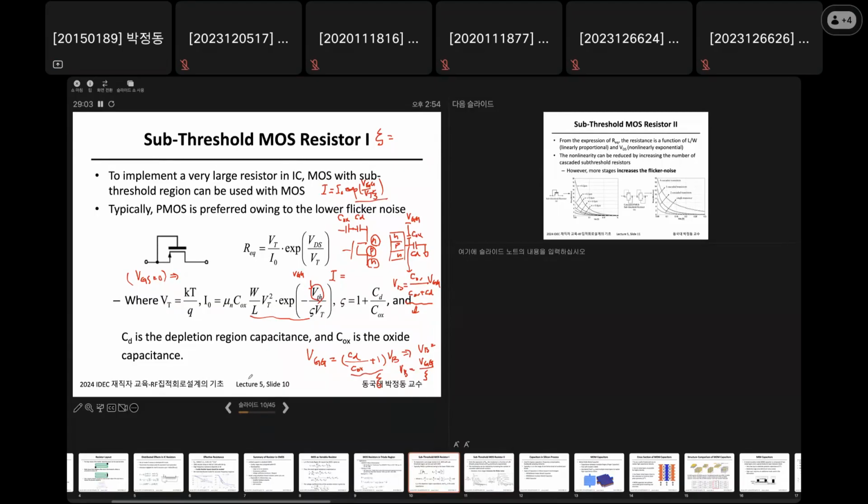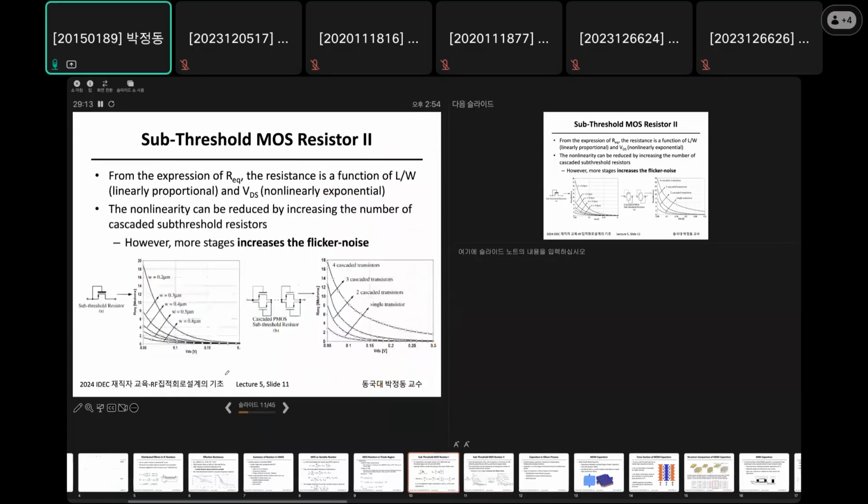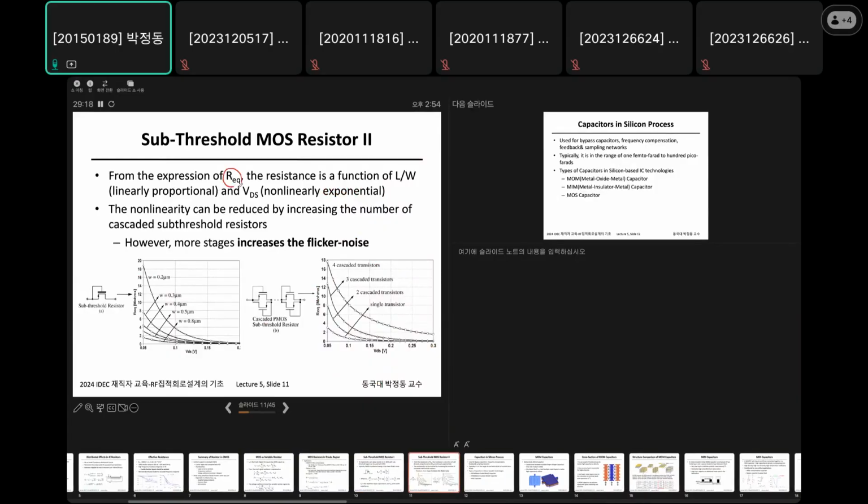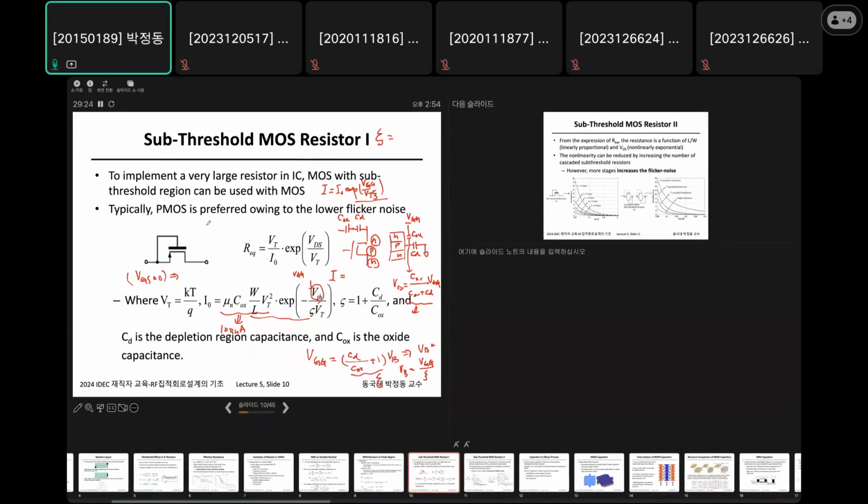Typically this value is very small, which is 100 nanoampere. So from the expression of the equivalent resistor, once we got this resistor, I divided by VT is 1 over R in small signal.